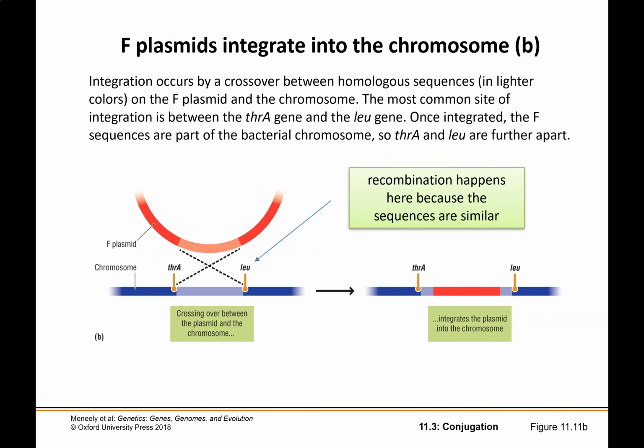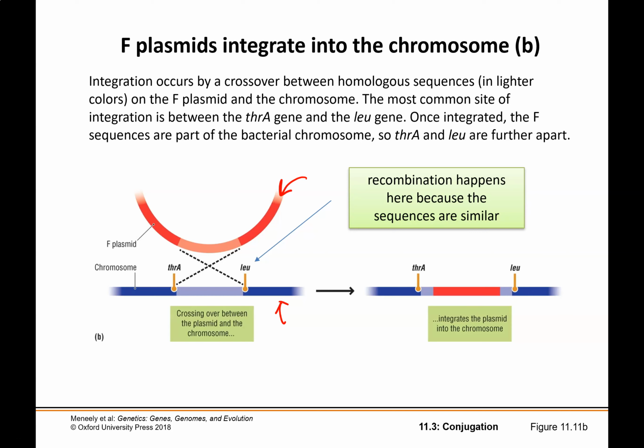In our last video, we talked a little bit about recombination and integration of this foreign DNA into the genome, but we didn't talk too specifically about it. So let's talk about how this fertility plasmid can actually integrate into the chromosome. As I said, integration occurs as a double crossover between homologous sequences that are present in the plasmid and the host genome.